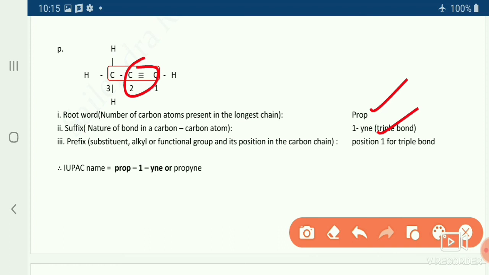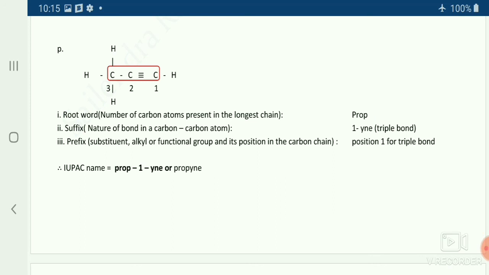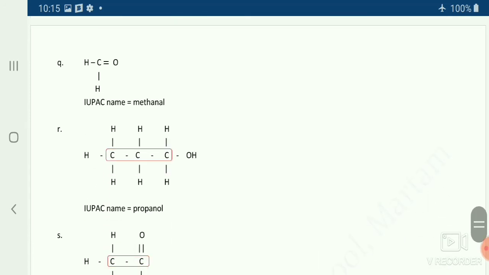So 1-yne. Is anything attached? No. So the prefix is not there. So you just write prop-1-yne, or propyne only. The 1 is not mentioned.